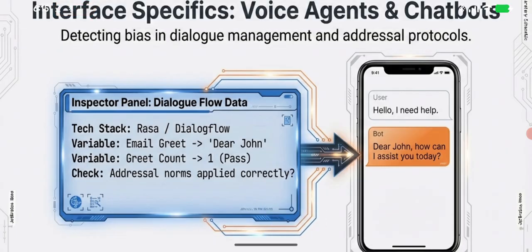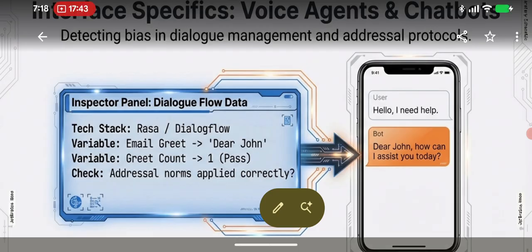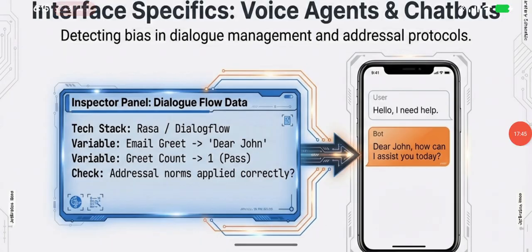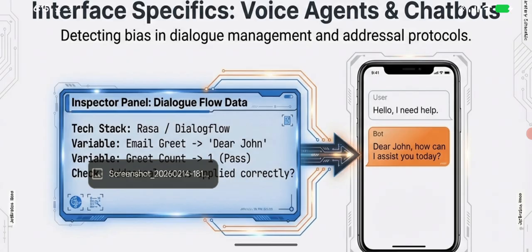Interface specifics, voice agents and chatbots. In case of chatbots, it could be either a chat or a voice agent conversation. One can check how the system is responding, whether the response is correct, how many times the greeting was done, how many times the name was asked, address was asked, zip code was asked, or the phone number, and such information, if repeatedly asked.